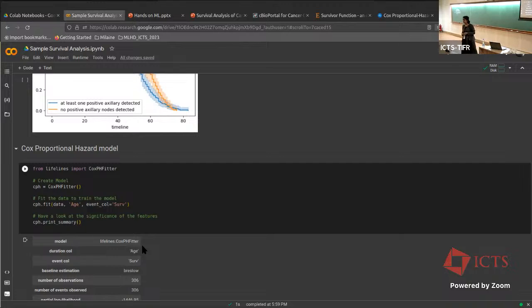We want to know, for example, which features correlate with my event. Okay. So for example, if I'm studying different cancer patients, I want to know what mutations in genes could be causing the early death of patients.